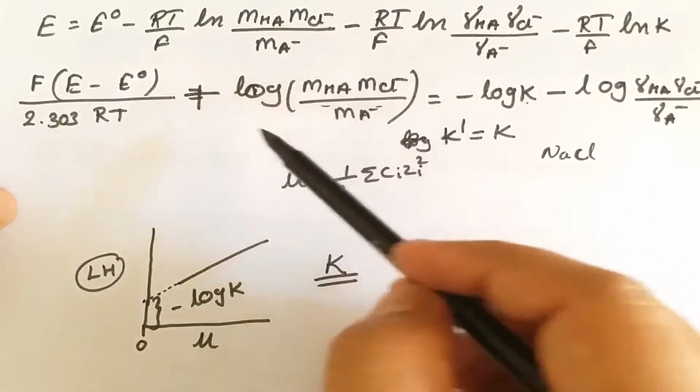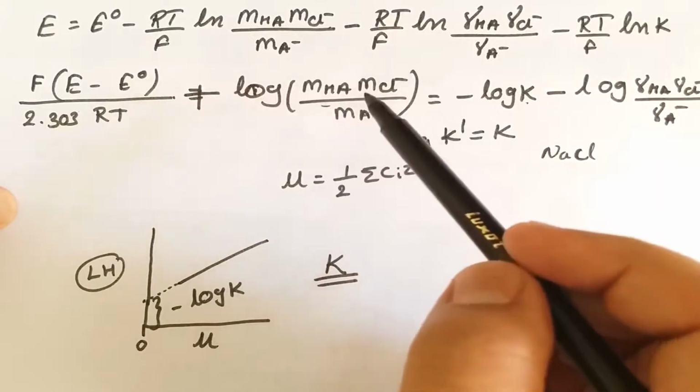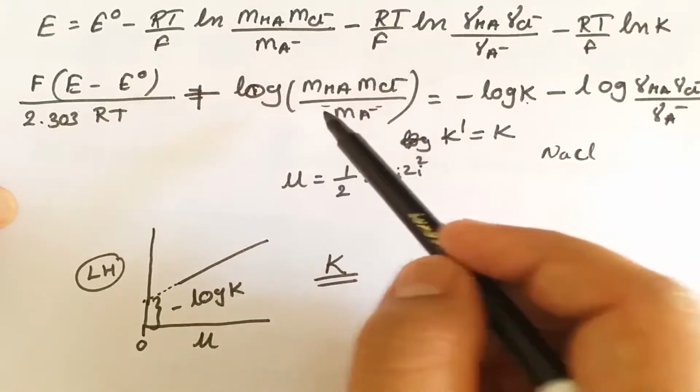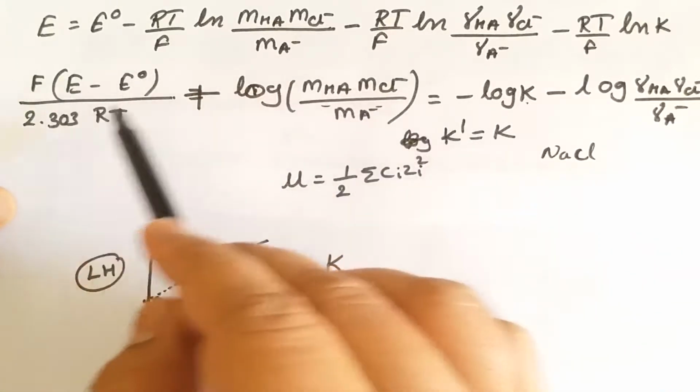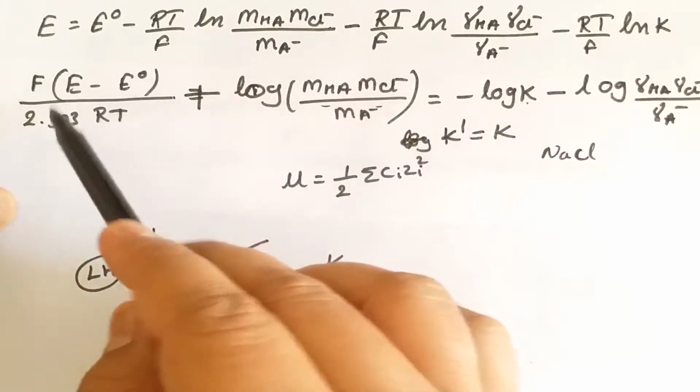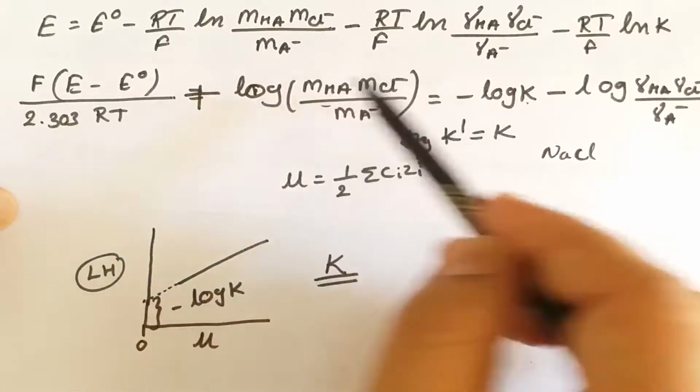subject to the condition that the molalities of the solution that we have prepared are known, and the potential of that particular electrochemical cell of a particular concentration is known.